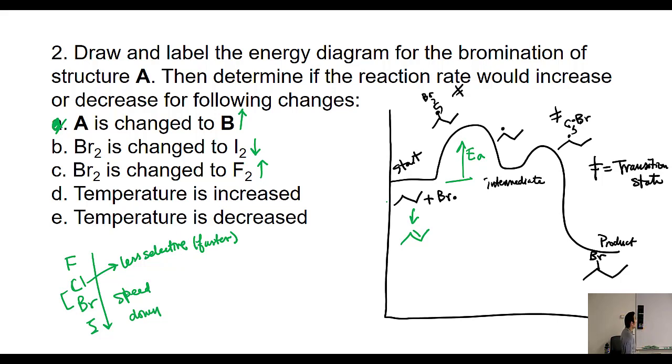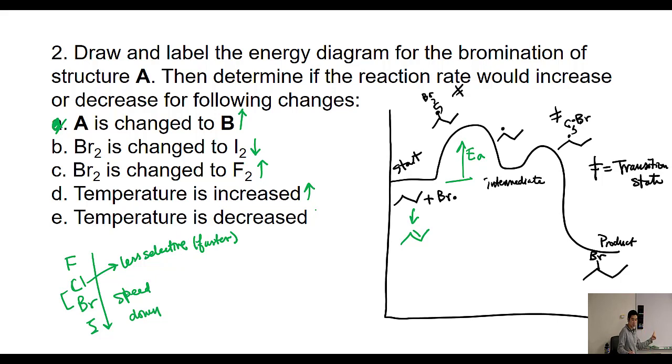Questions? Comments? All right, so temperature. If I increase my temperature, will that speed up or slow down my reaction? Speed up, right? This is kinetics. More energy means faster. In fact, bromine is generally heated to speed it up. Chlorine doesn't need heat.